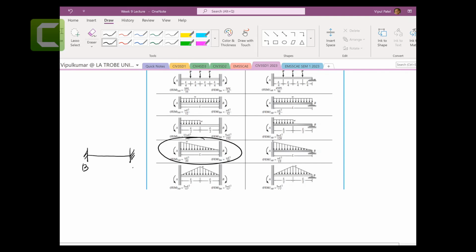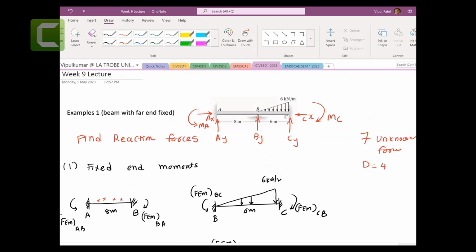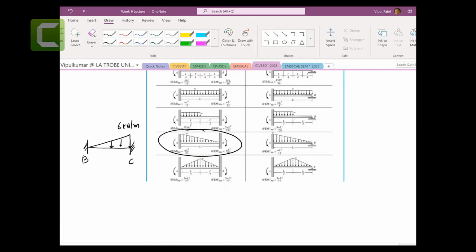B and C, and 6 kilonewton per meter, and then you have a length of 6 meters. So you're happy with me to write the fixed end moments.